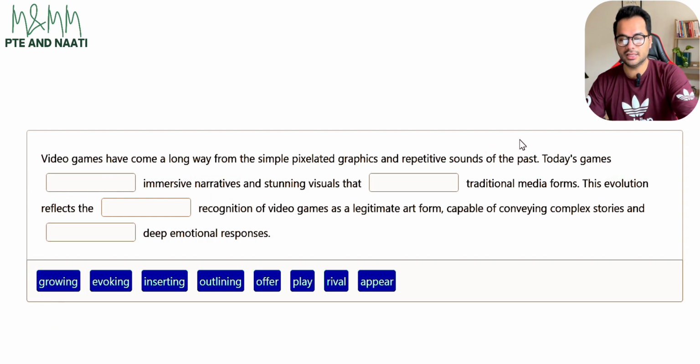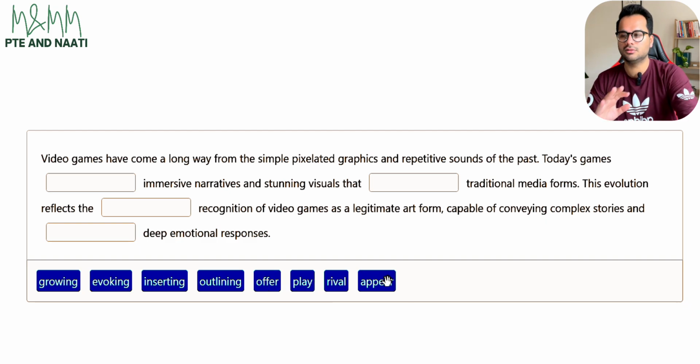After this, I cannot have a verb ending with ing, because if I was supposed to have a verb with ing, I would need a helping verb in front, such as am, are, was, were, all these kinds of helping verbs. If I was to say today's games growing immersive narratives, that again is grammatically wrong. So I need a helping verb. Any verb that has ing can't be my right answer. So I straight away eliminate another 4 options. The only 3 options I've got now are offer, play, and appear.